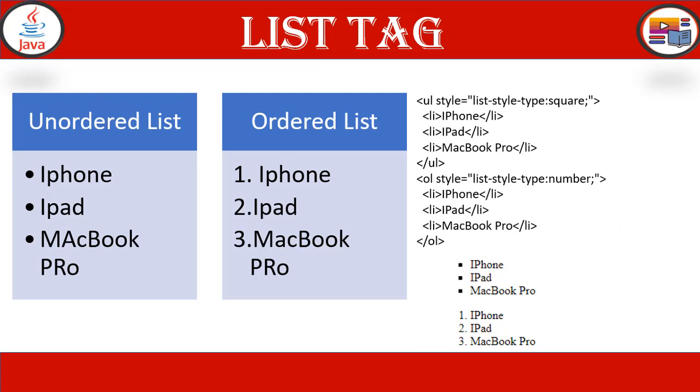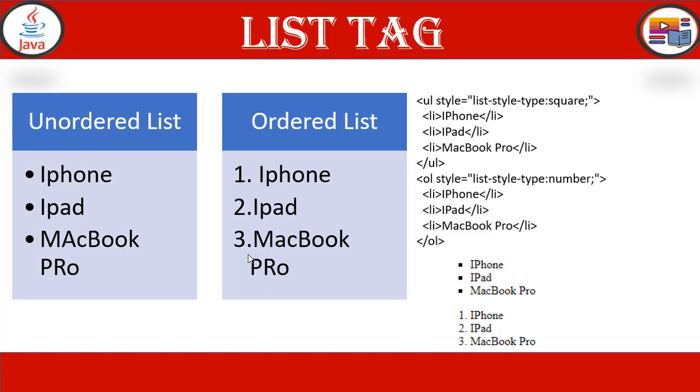Now the list tag in HTML. There are two types of list we have in HTML. One is called unordered list and another is ordered list. The difference between ordered list and unordered list is, for unordered list we can make a tab type of sign, a special character sign, a circle or square or shapes, or a ring, or any particular not named or numbered list.